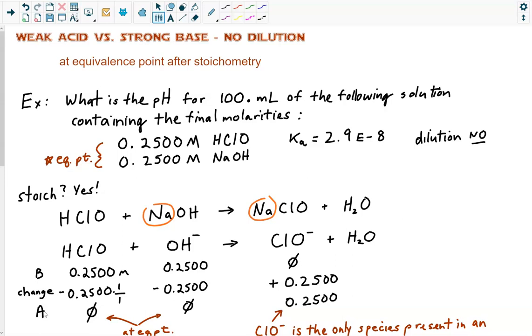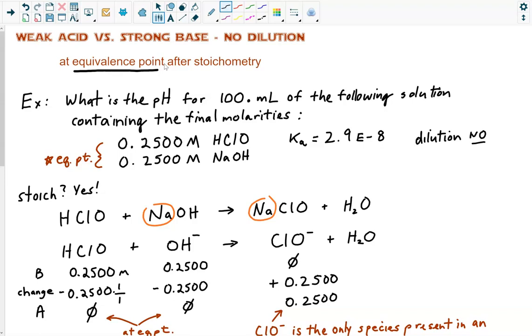And because there is a weak acid involved, there might be an equilibrium. But we are going to see in this case, is there an equilibrium? The answer is no. And that's because after we do our stoichiometry, we are going to find that we will be at the equivalence point after stoichiometry.